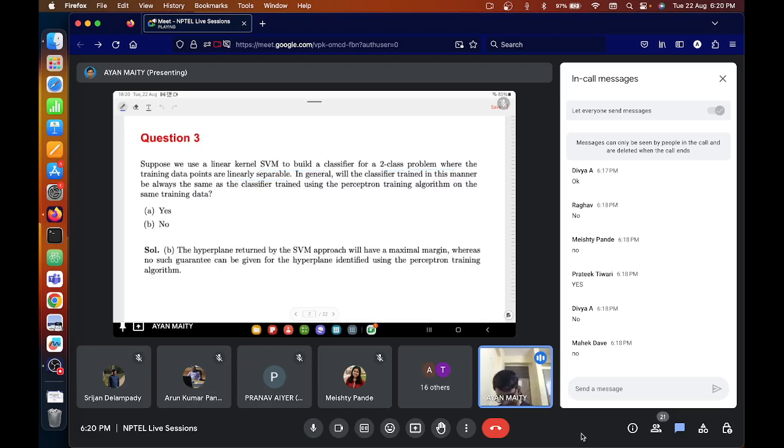So the correct answer is no. The classifier trained using SVM and the classifier trained using the perceptron learning algorithm might not be the same, because the objectives in these two algorithms are very different.